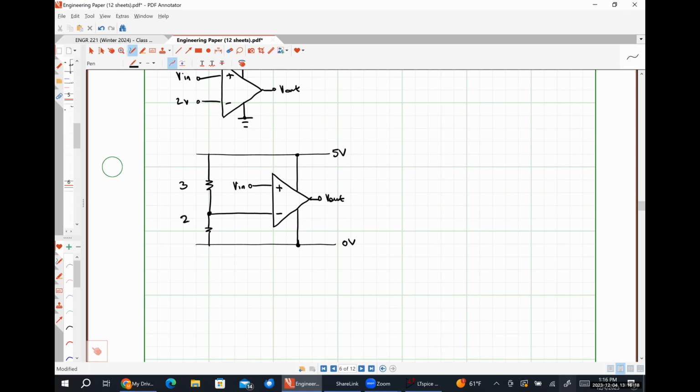Now, I want to talk to you guys a little bit because I can't just use a 3 ohm resistor and a 2 ohm resistor. Or really I could, but I'm not going to. So we know that the internal input impedance of an op amp is on the order of mega ohms, right?